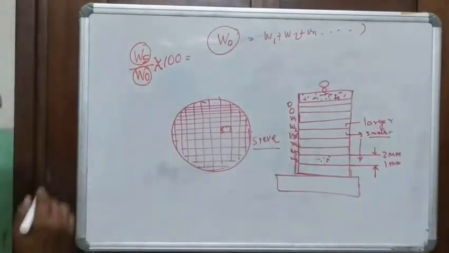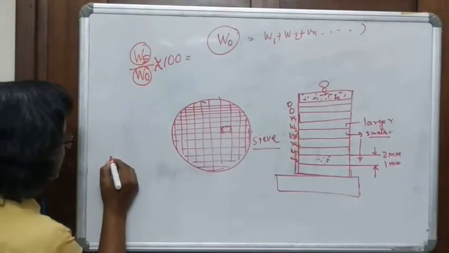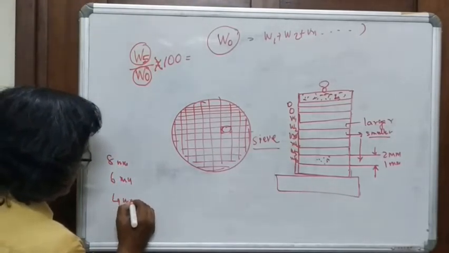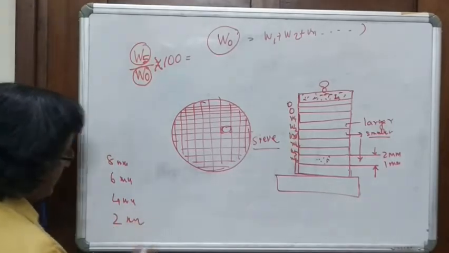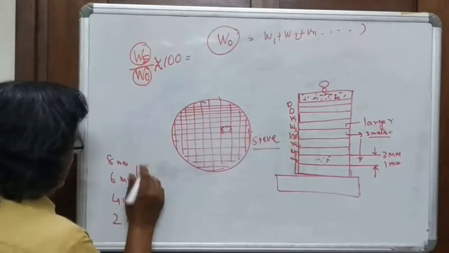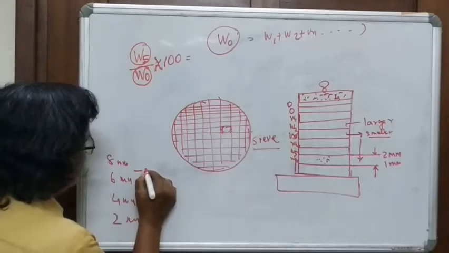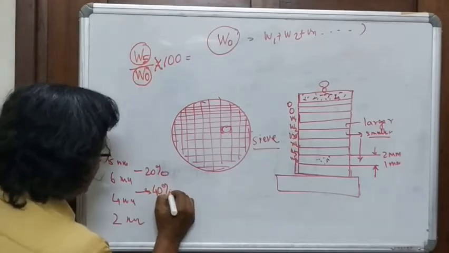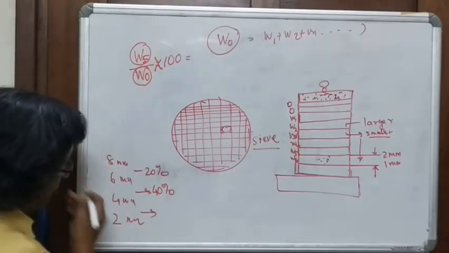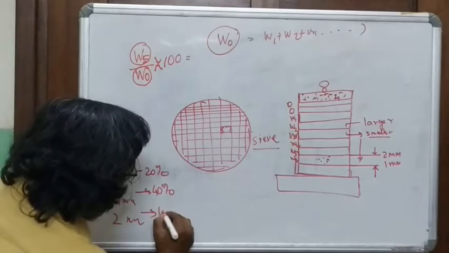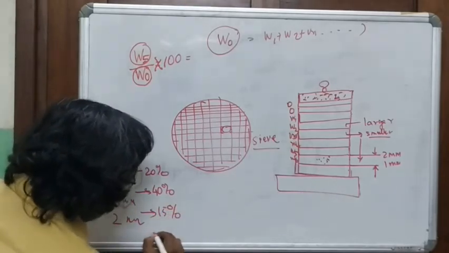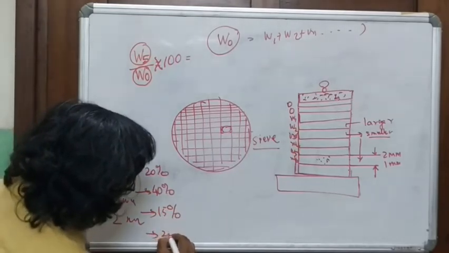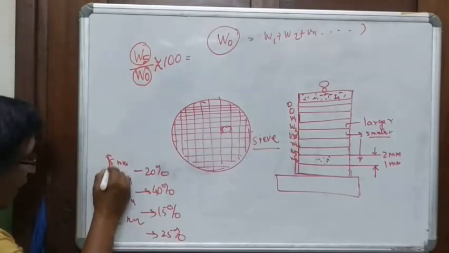So we will write 8 millimeters, 6 millimeters, 4 millimeters, 2 millimeters, etc. I'll just give you an example: 8 to 6 millimeters at 20%, 6 to 4 millimeters 40%, 4 to 2 millimeters 15%, and less than this is 25%.